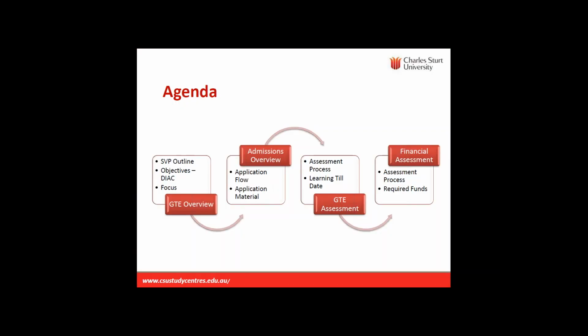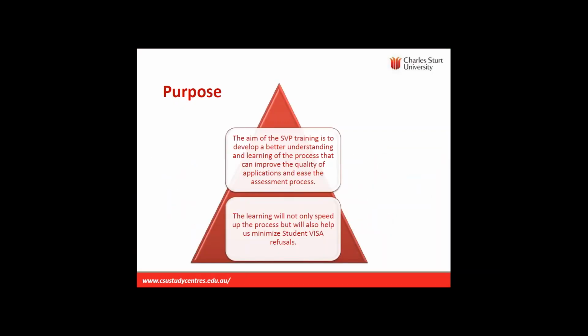So the purpose of the training, and the aim of the SVP training, and SVP stands for Streamlined Visa Process in Australia, is basically, first of all, to develop a better understanding and learning of the process, which can improve the quality of your applications and ease the assessment process.